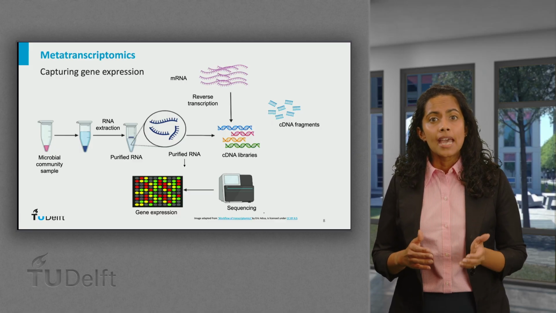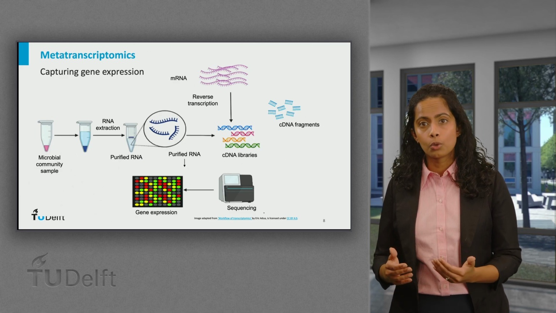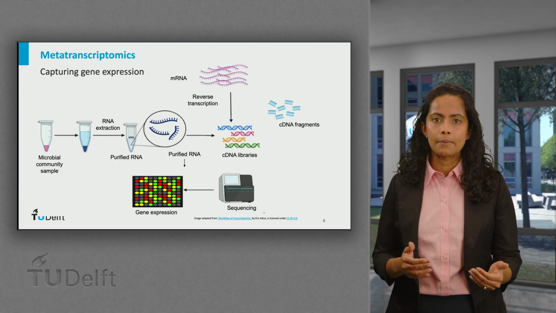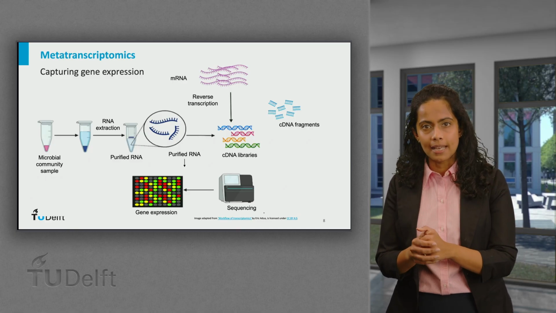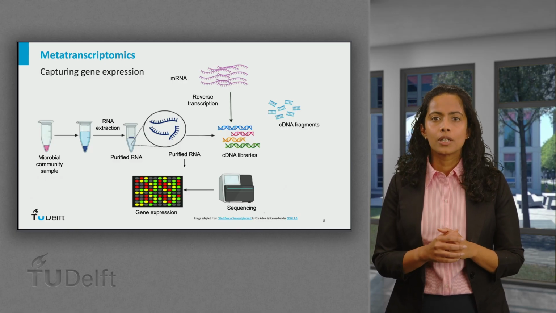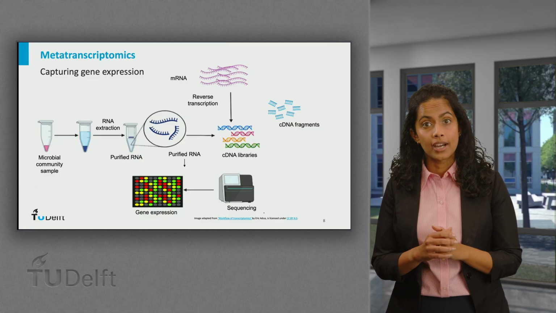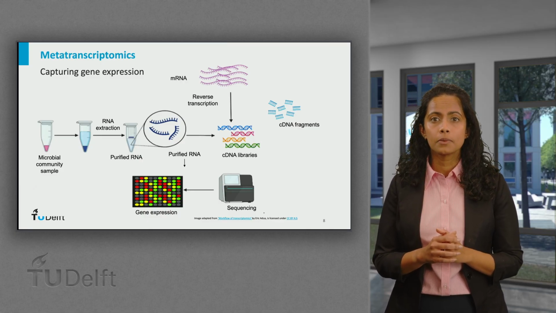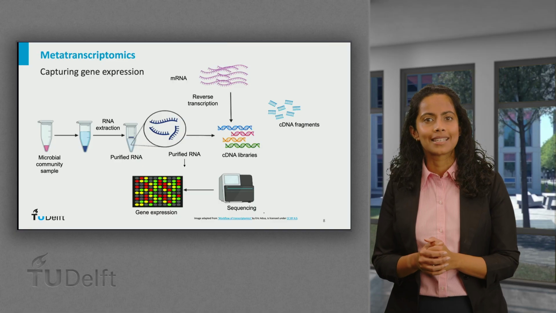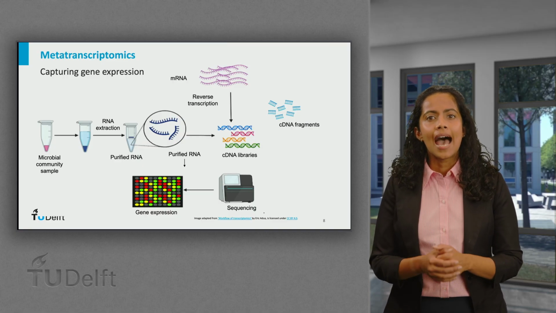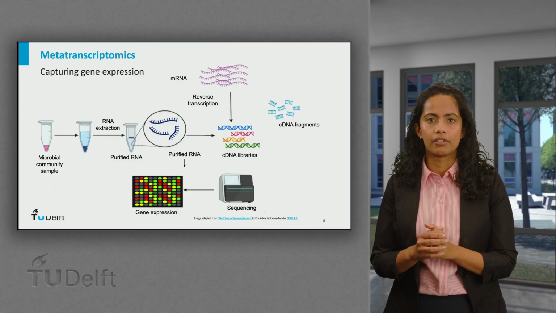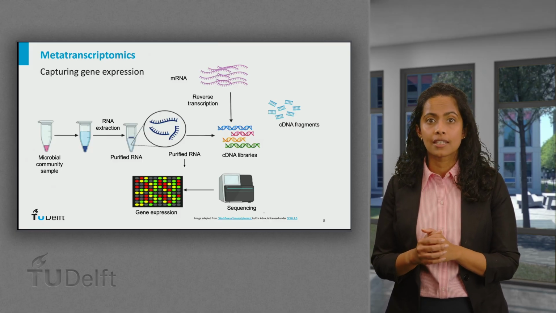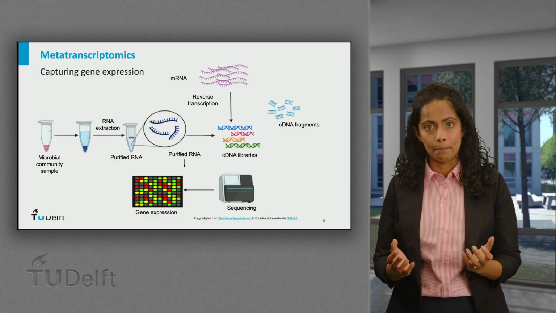The library is then sequenced on a high-throughput platform, and the final steps are computational in terms of aligning and assembling the sequenced reads to a transcriptome, quantifying the reads that overlap with the transcripts, filtering and normalizing between samples, and statistical modeling of significant changes in the expression level of individual genes or transcripts between sample groups.